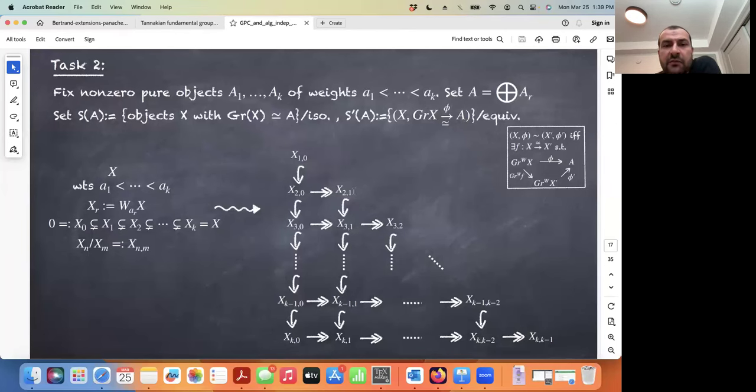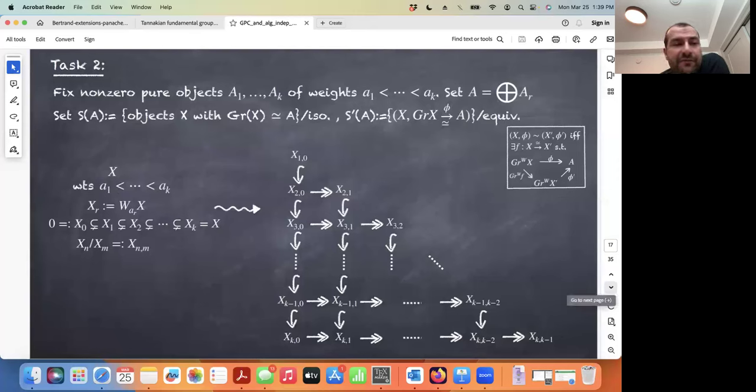So from here to here, this is X2 modded out by X1. The first horizontal map, the leftmost one, is modding out by X1. The second one is now modding out further by X2 and so on. So these are the natural inclusions, and these ones are the natural projections.